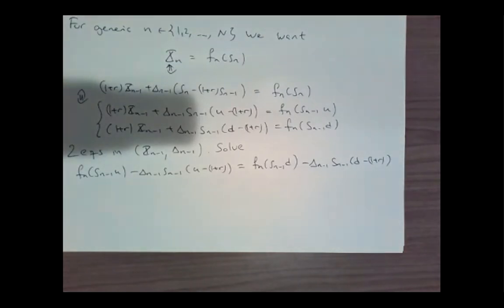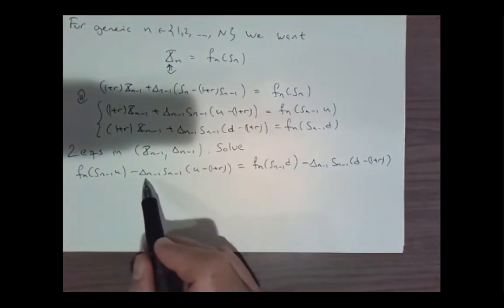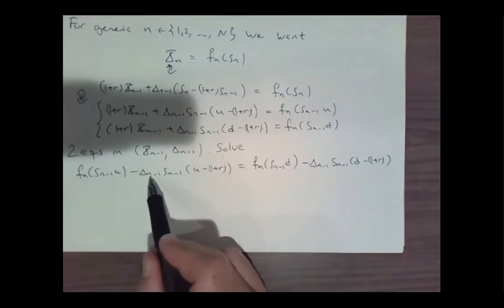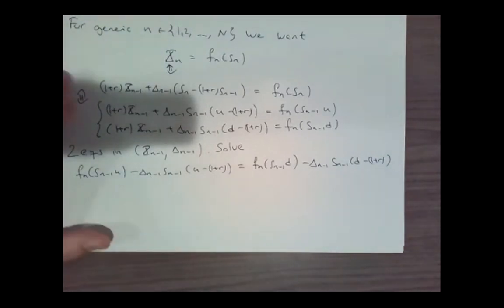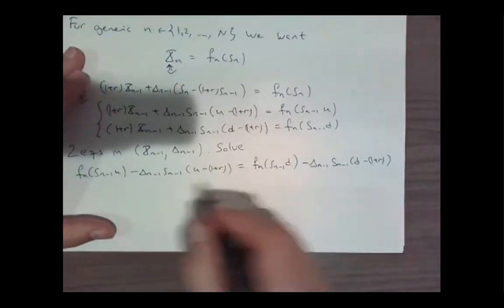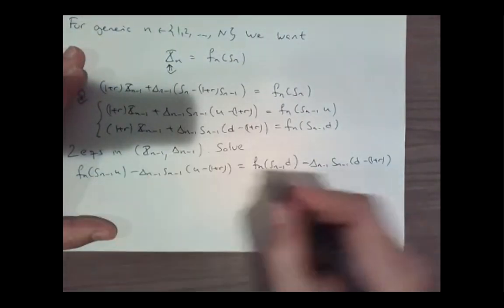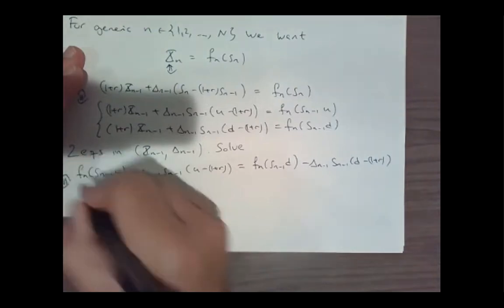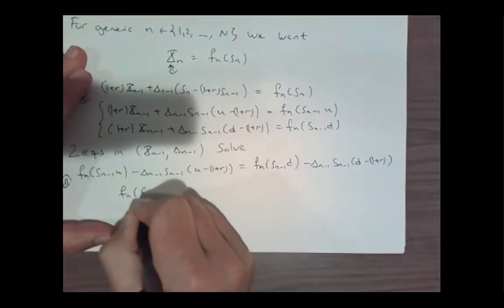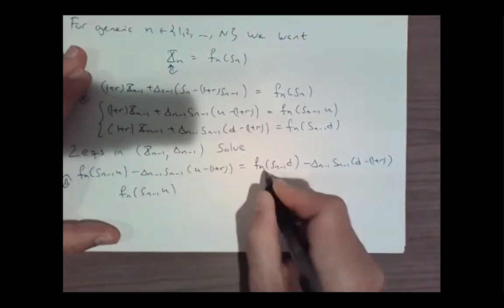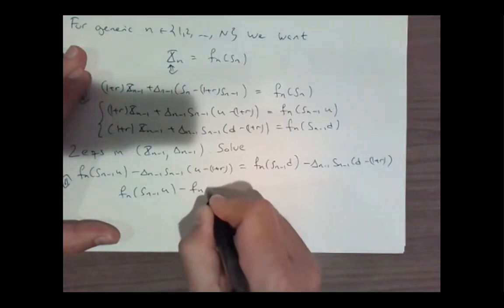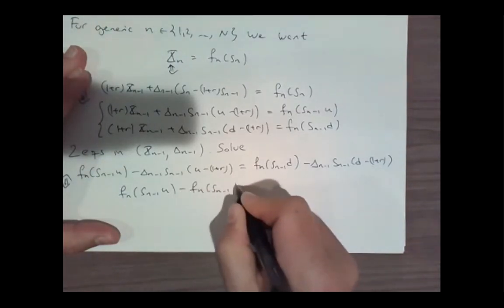And then I'll solve. Now I have one equation, I got rid of the x's, so I have one equation in delta_{n-1}. I can solve, and let's see what I get.